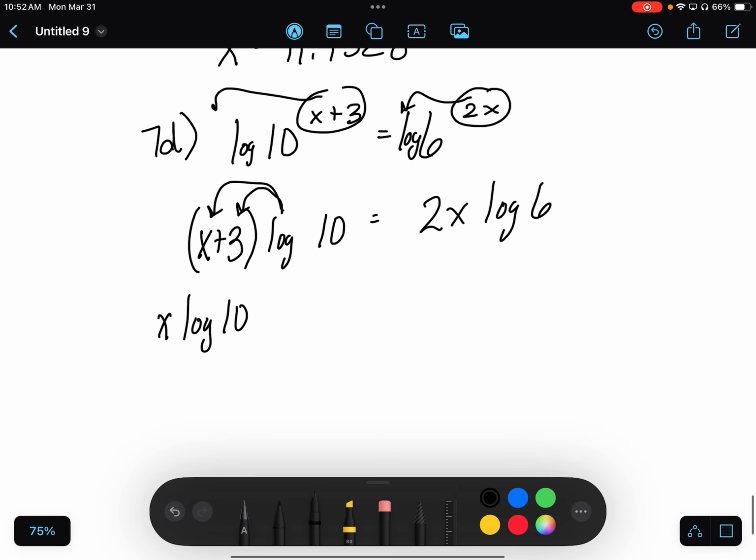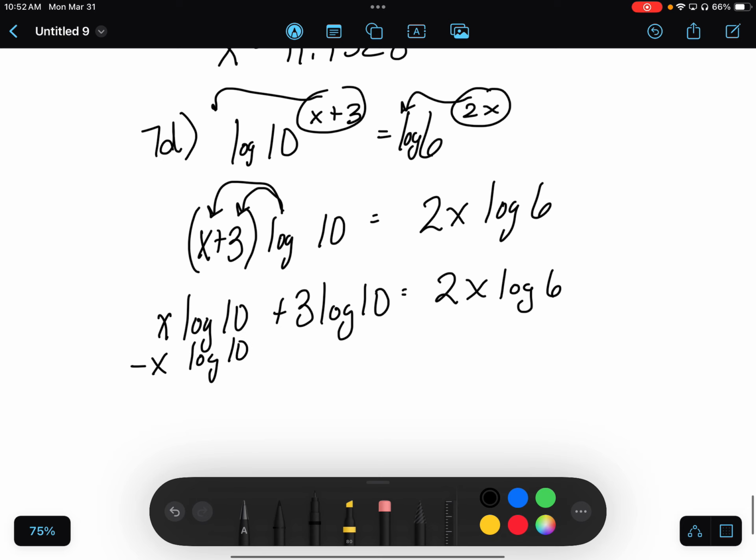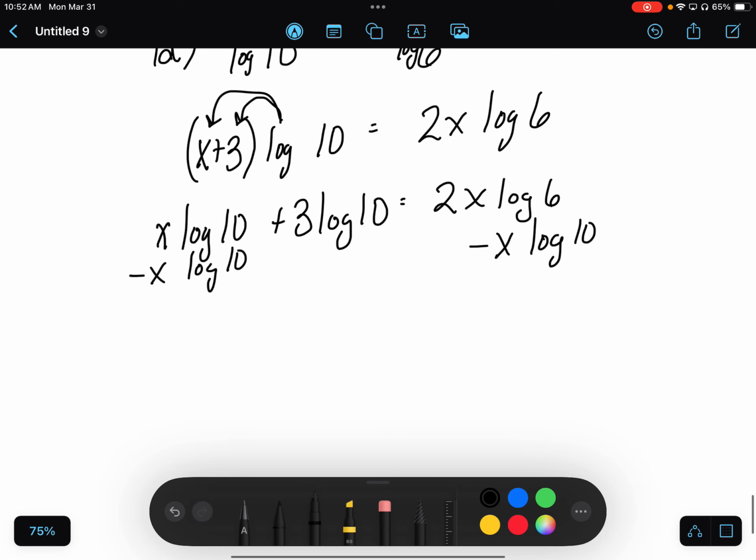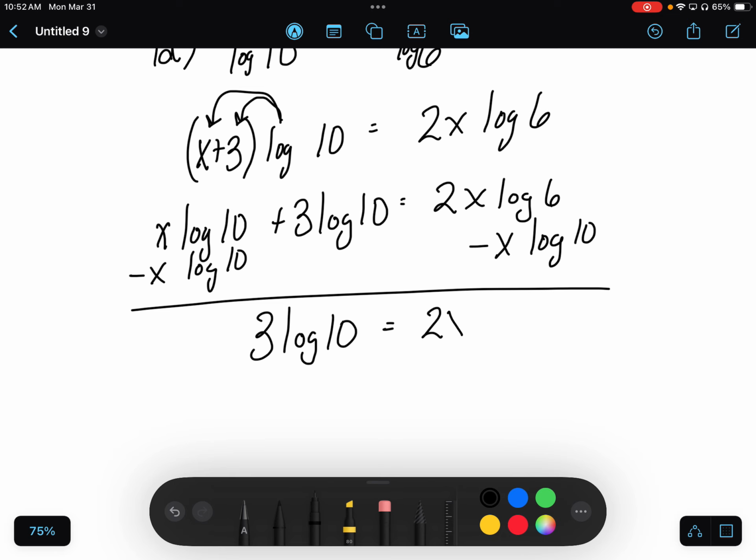So x log 10 plus 3 log 10. And then I'm going to subtract x log 10 to both sides. So that gives me 3 log 10 equals 2x log 6 minus x log 10.